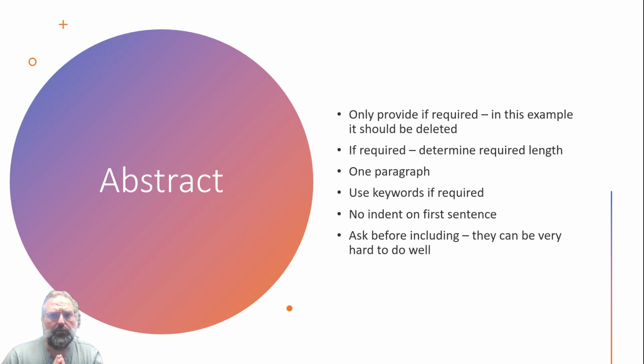It's a hard thing to do correctly, because it is not really a summary, but a very terse representation of your paper in a single paragraph, and with no indentation on that first sentence, which is the exception to the rule in the APA world. It is, as I said, harder to get right than it is to get wrong. So generally speaking, don't do it.